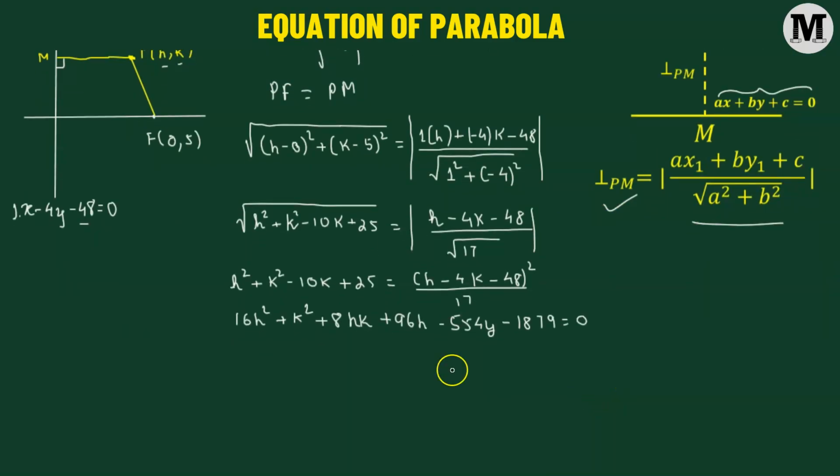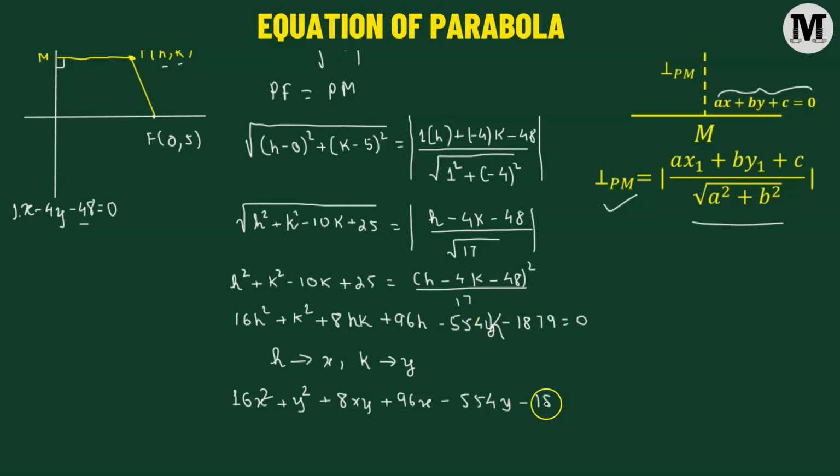Finally, we replace h with x and k with y. That's going to give us the final equation. We get 16x squared plus y squared plus 8xy plus 96x minus 554y, that's k here, minus 1879 equals 0. So this is going to be the required equation of the parabola.